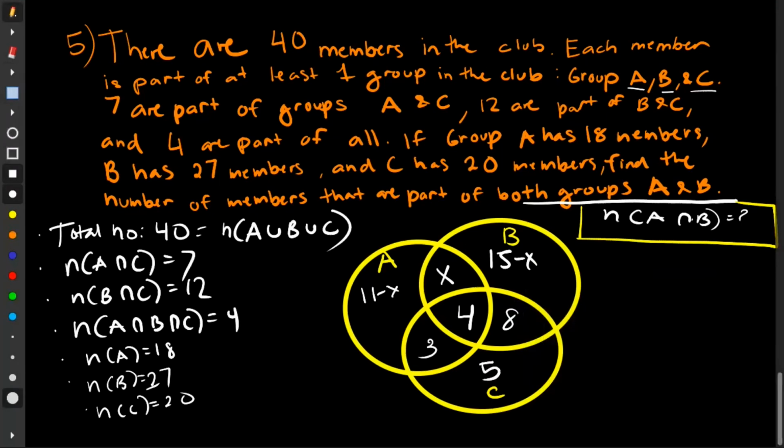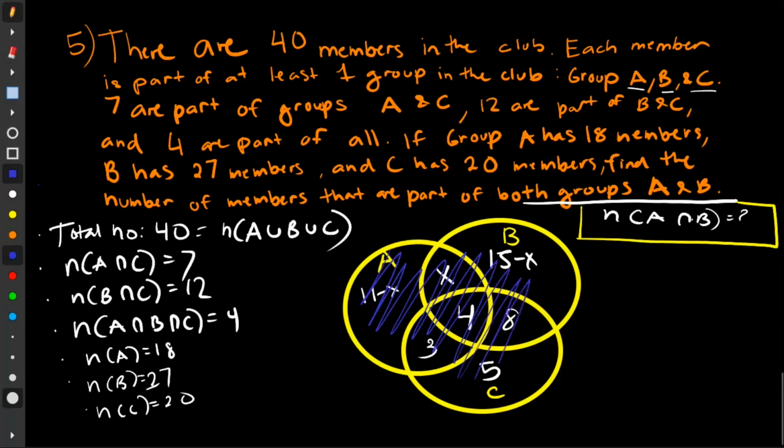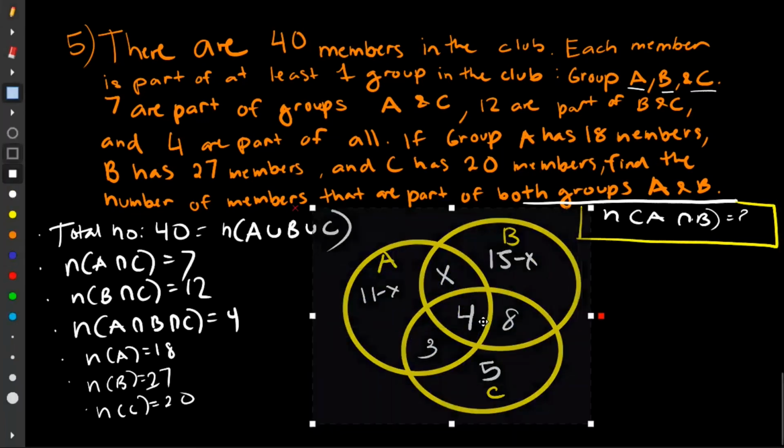Now, the problem is we don't know the value of X, but we can solve that since we know that A union B union C is equal to 40. Or when we add all of this, the outcome is 40. So since we know that, let's move this first out of the way.